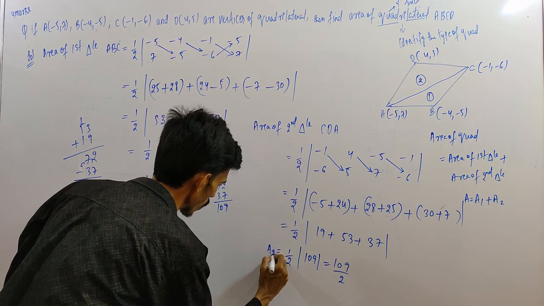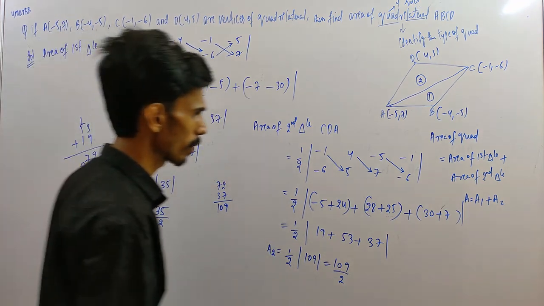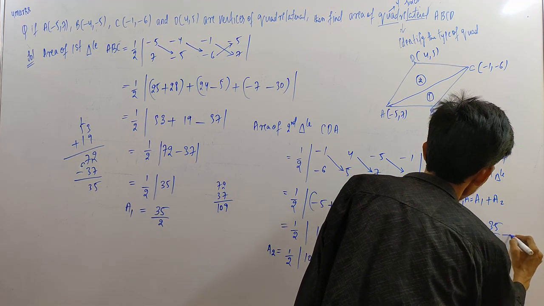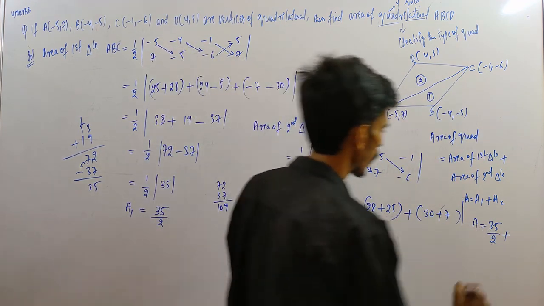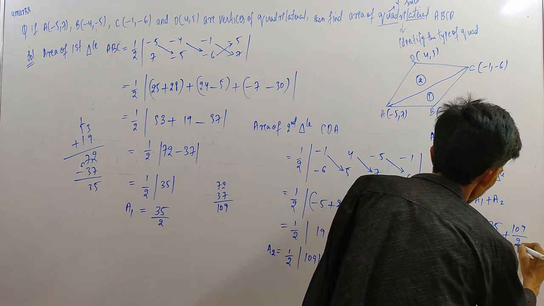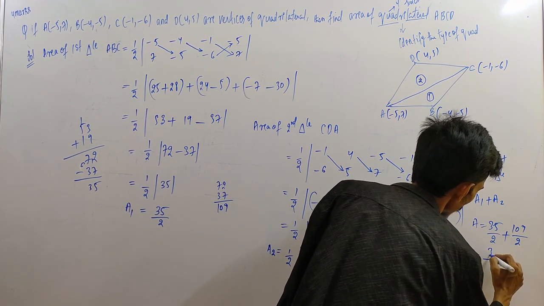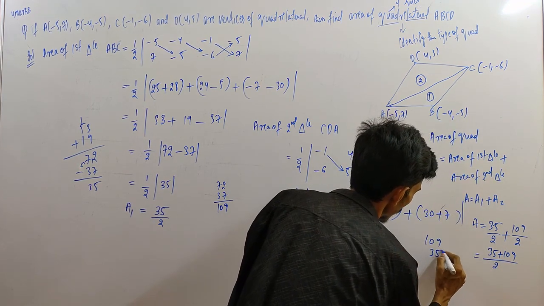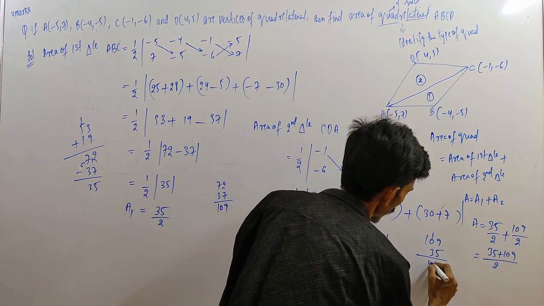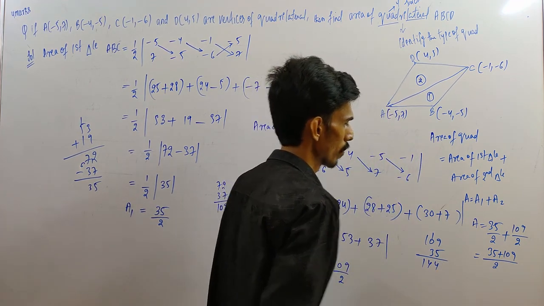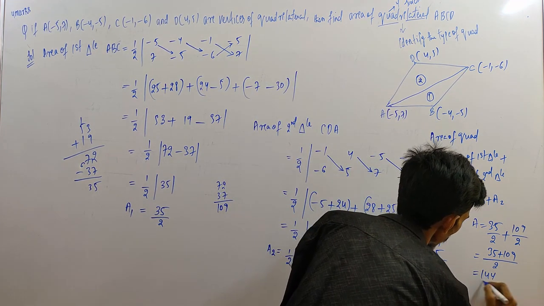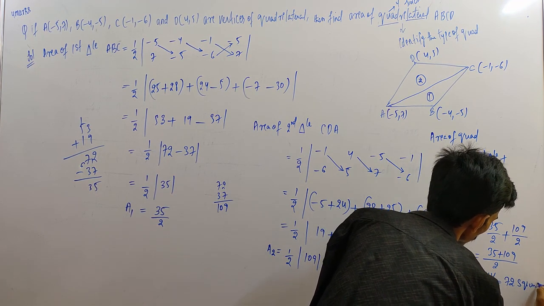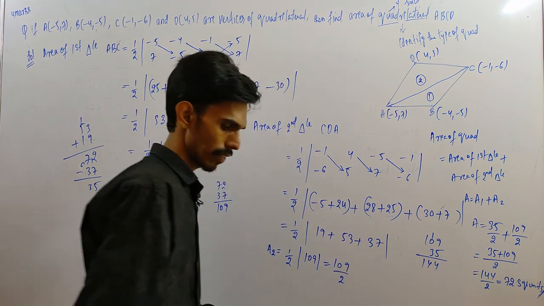So we have A1 as 35 by 2, plus A2 value is 109 by 2. So take LCM 2, we have 35 plus 109, we have 144 by 2, that is 72 square units. This is the answer for this question.